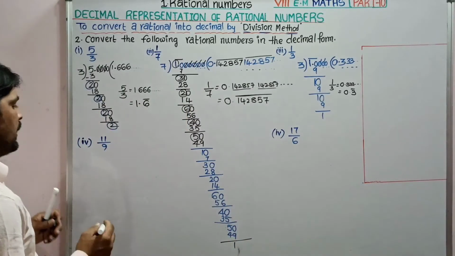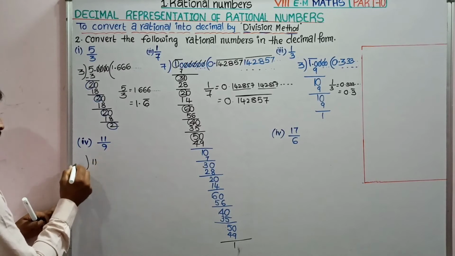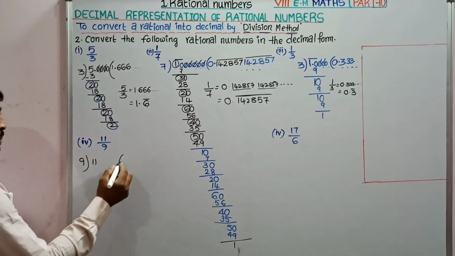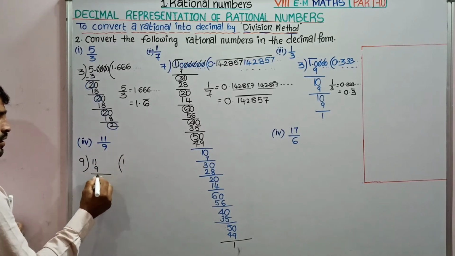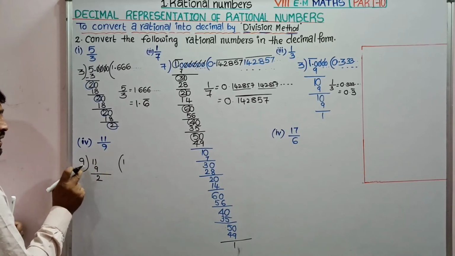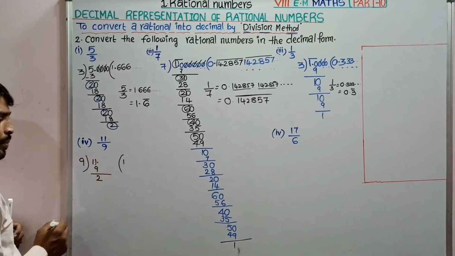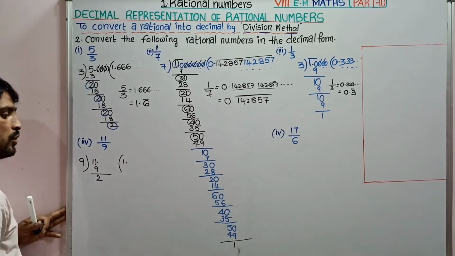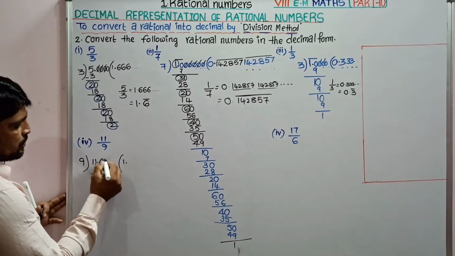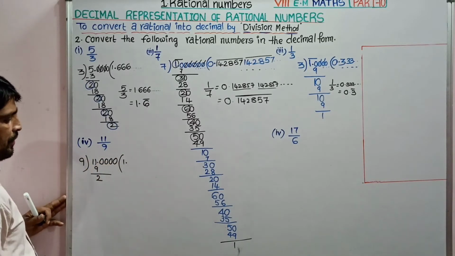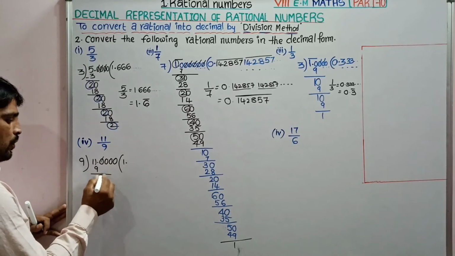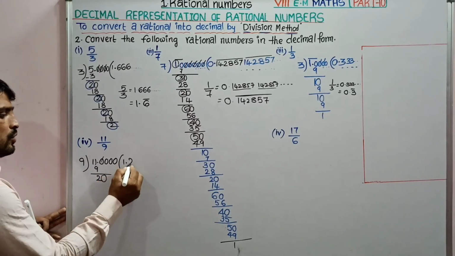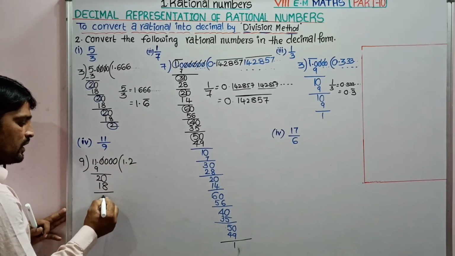Next, 11 by 9. 11 is divided by 9. 9 ones are 9, remainder 2. But 2 is less than 9. Put a decimal point in the dividend part as well as at the end of the quotient part. Write as many zeros as you wish in the dividend part. Now drop this 0, we get a new dividend of 20. 9 twos are 18. Again remainder 2.